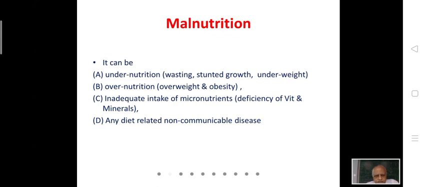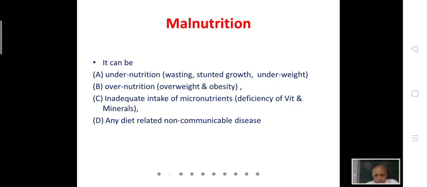So that kind of outcome occurs in case of undernutrition, stunted growth, underweight. Overnutrition, of course, causes overweight and obesity, and inadequate intake of macronutrients results in the deficiency of vitamins and minerals, and diet related non-communicable diseases also occur, and those are simply described as NCDs nowadays.